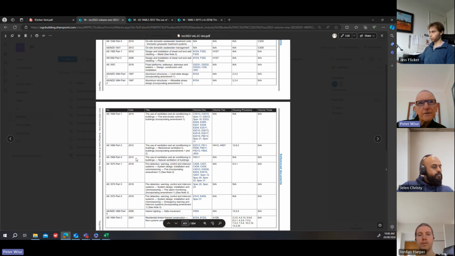So with this particular NCC, if you're doing a job at the moment which has kitchen ventilation, then you can use AS 1668 Part 2, 2012, or you can use 2024 if you want to. So at the moment, there's this transition period where you can use one or the other. Is that clear?